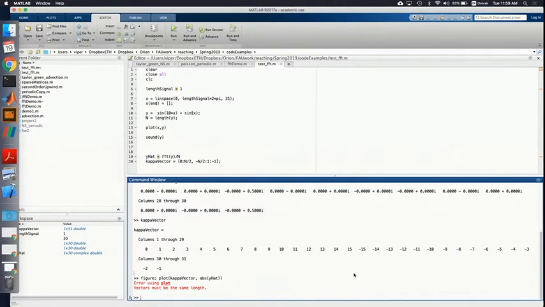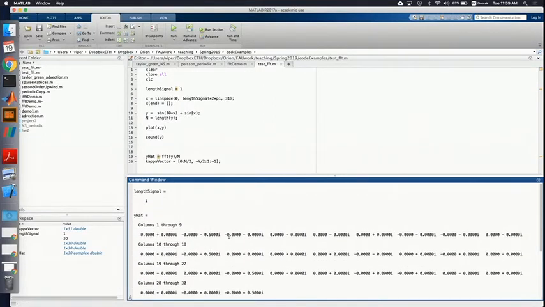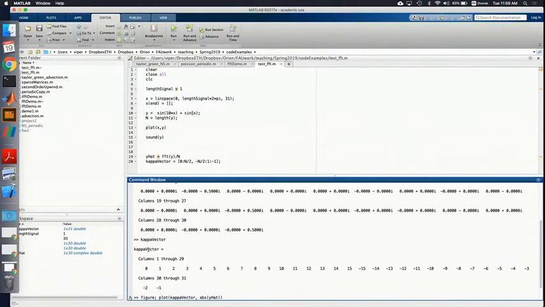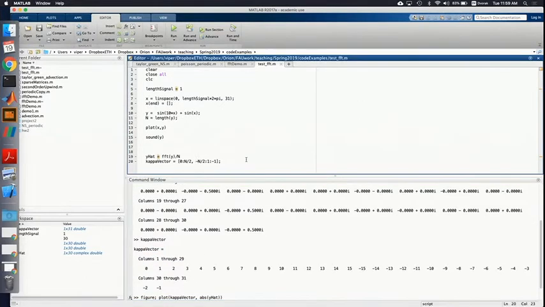The y hat size and kappa vector size won't be the same, right? Because y hat is 1 to 30 and kappa is 1 to 31. Oh, sorry. Yeah, so this actually starts at minus n over 2 minus 1. Yeah, that's correct.